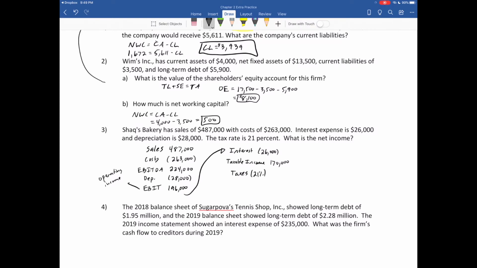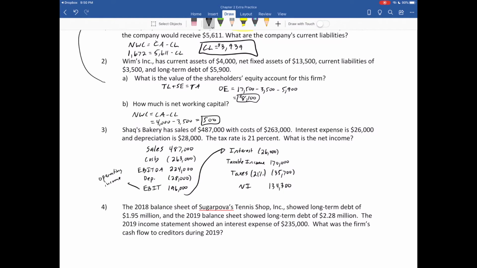So we will multiply this by 21%, and we will deduct $35,700, and you get to a bottom line value of net income of $134,300. So again, not terribly difficult in terms of the actual computation work, but it is assessing, do you understand what an income statement looks like and what the main line items are.